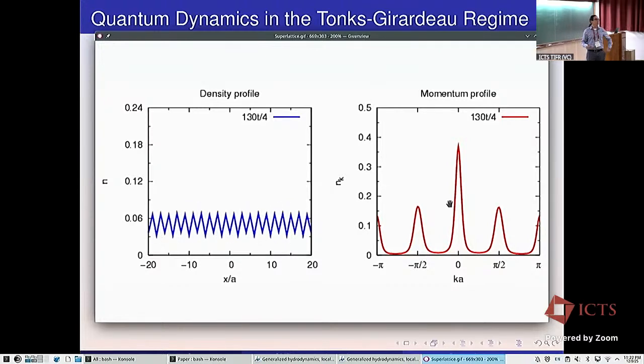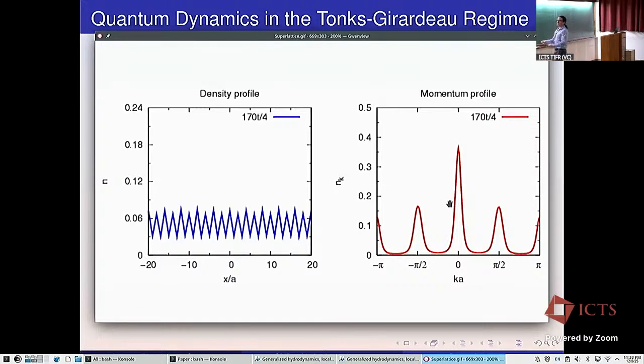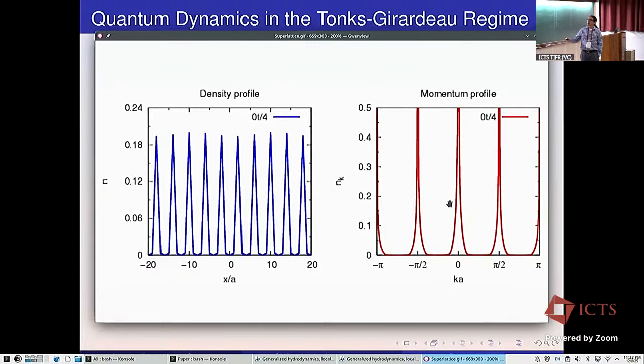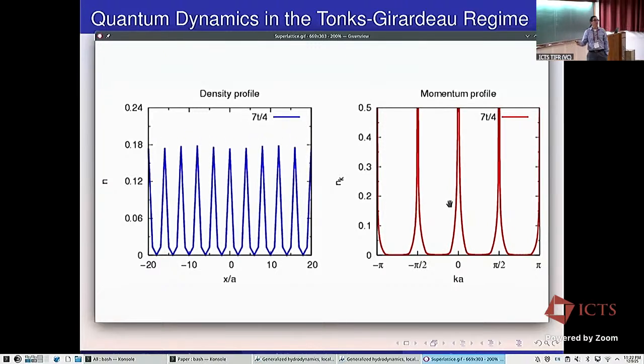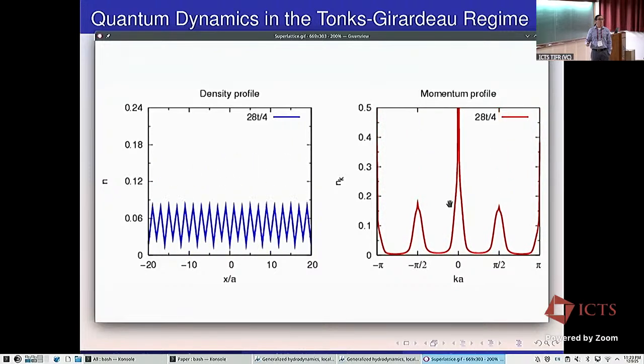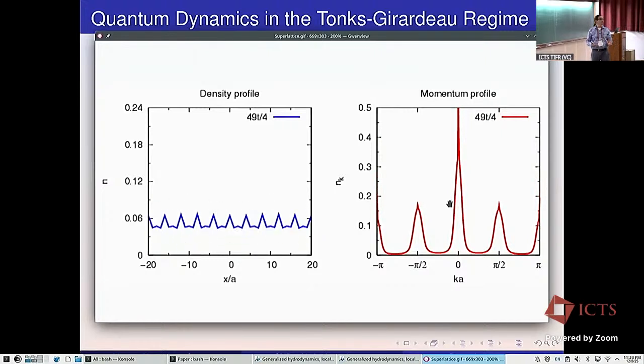Imagine if someone comes into a statistical mechanics lecture and tells you the equilibrium distribution of the gas in here looks like that. There is no potential in there, and instead of having just one peak, you have these four peaks. Without doing any calculation, you know that this cannot possibly be thermal equilibrium.